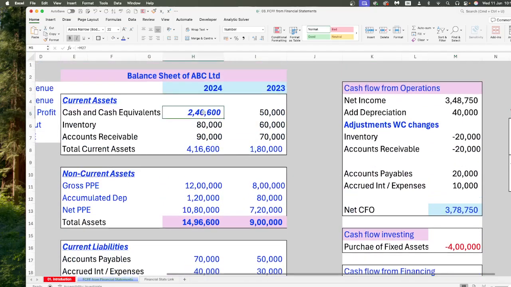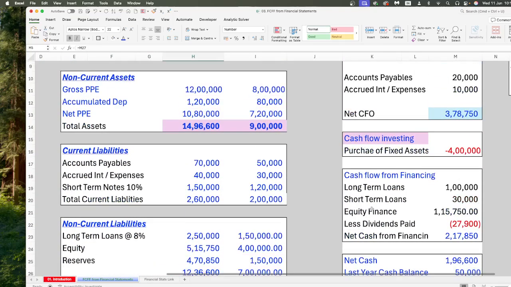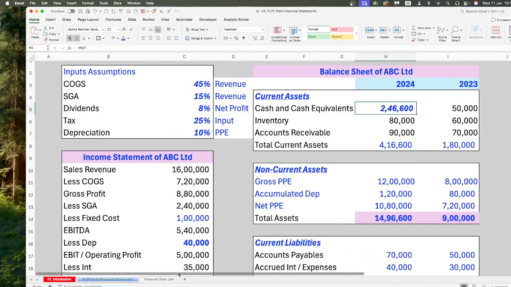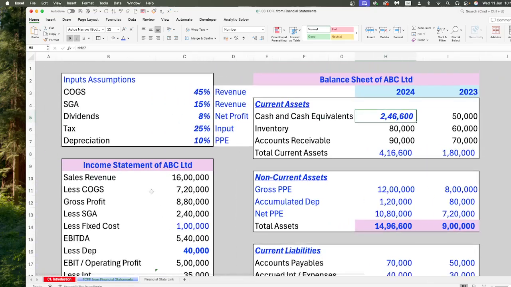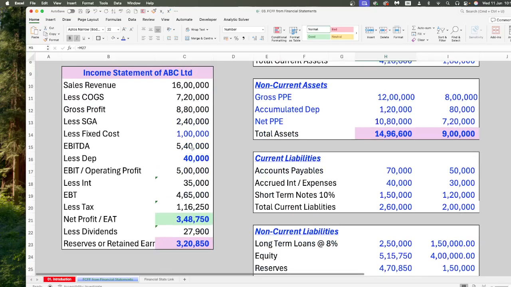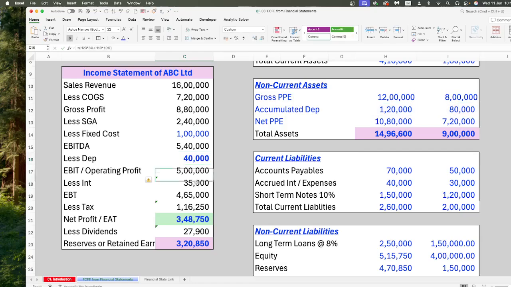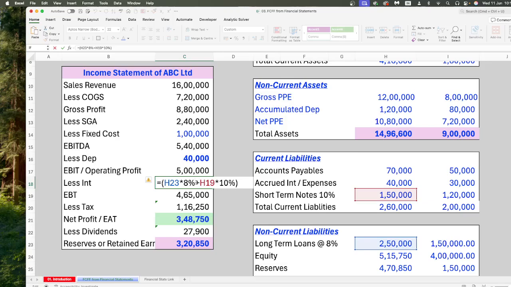This should come at the top of your current assets here. That's the linkage here. So now we can see that everything is linked here. So you should understand this income statement, balance sheet, and cash flow statement, how things are linked here. Now, number one here, the depreciation actually comes from the difference in accumulated depreciation. And the interest comes from the two loans, short-term and long-term, and the respective interest rate.